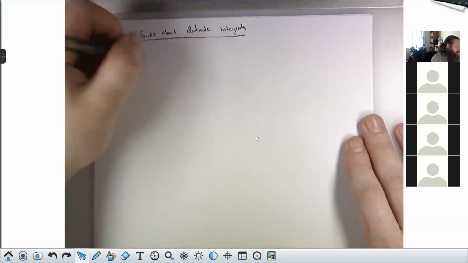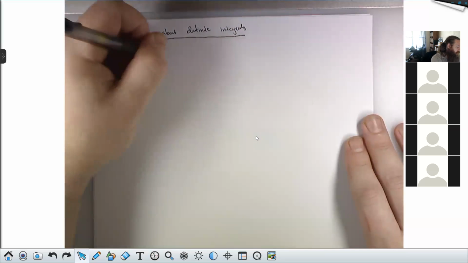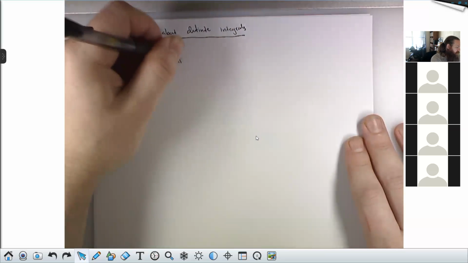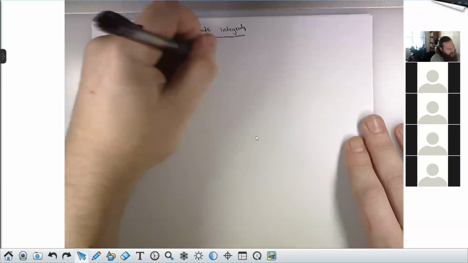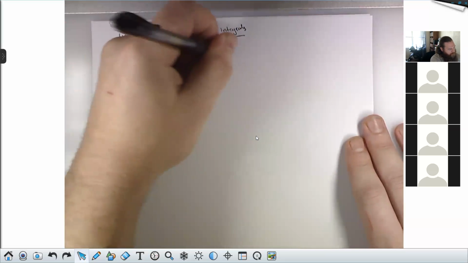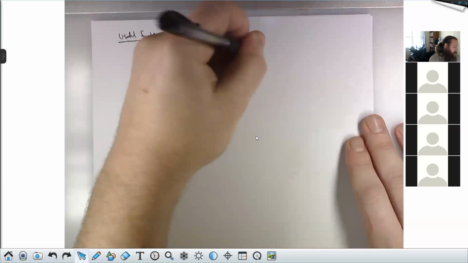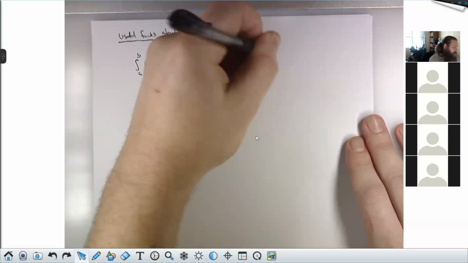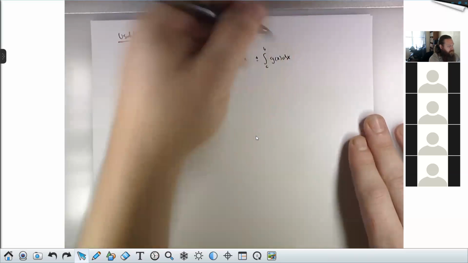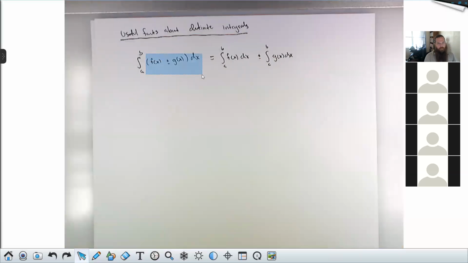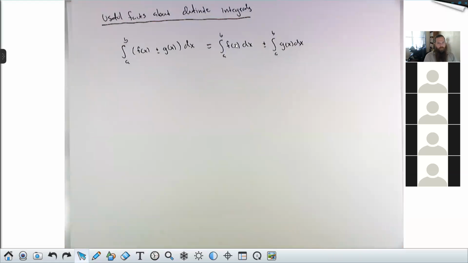Remember always that the integral from a to b of f of x plus or minus g of x is the integral from a to b of f of x dx plus or minus the integral from a to b of g of x dx. So if you have a problem that's tough for some reason, but is made up of multiple pieces, you can always split it apart. This means you can worry about the antiderivatives separately. If you want to do some of it geometrically, but you want to do some of it using FTC2, you can do that. Just split it up. You can split up integrals over addition and subtraction.